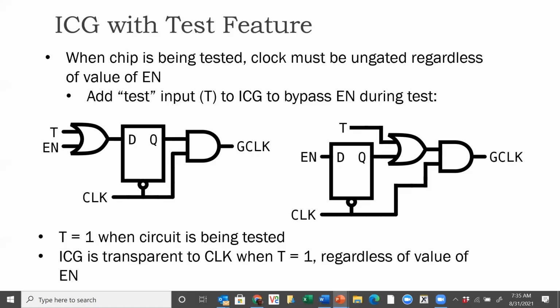So you often have ICGs with this additional test input, and the only purpose of the test input is so that when you are in test mode, when you're testing the chip, you send a value of 1 to the test input of all the ICGs, and that makes all the ICGs let the clock go through, and all the clock pulses go through. And when this chip is being actually used for its functional purpose, then the test signal T will be kept low. And so then the enable takes control.